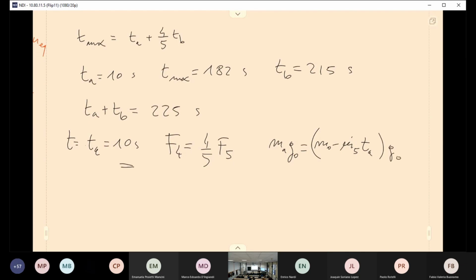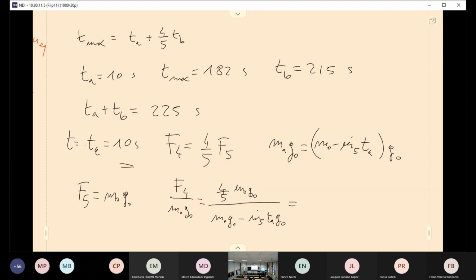We recall that, of course, F5 is m0 g0. And so we can see that now F4 over Ma g0 will be equal to 4 over 5 F5, that is m0 g0, over Ma g0, which is m0 g0 minus m dot 5 Ta g0.